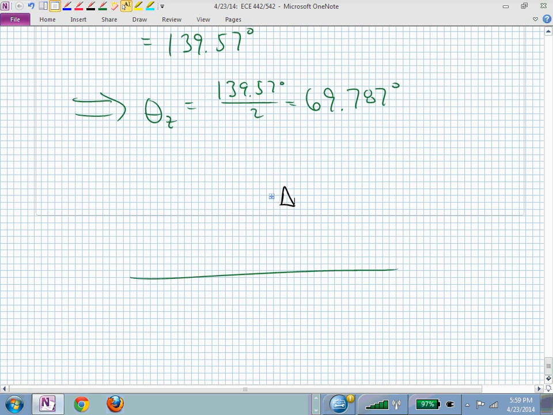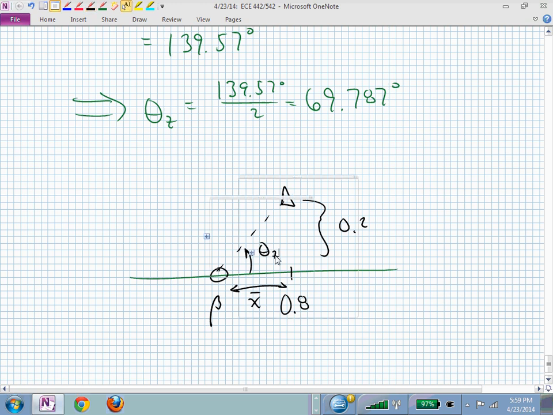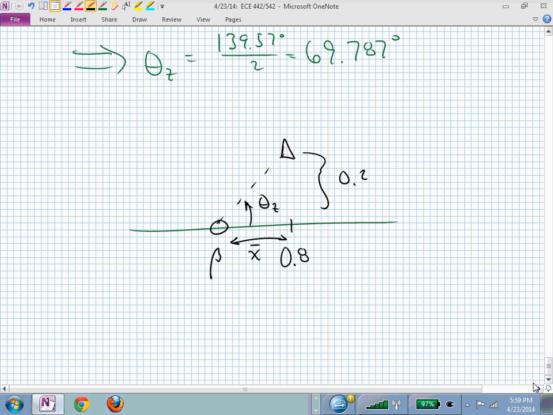Since our angle is less than 90 degrees, if this is 0.8 and we're up at 0.2, we're over here somewhere, and let's just call this distance again x bar, and this is now theta sub z, where I now have two zeros on top of each other at the zero location.